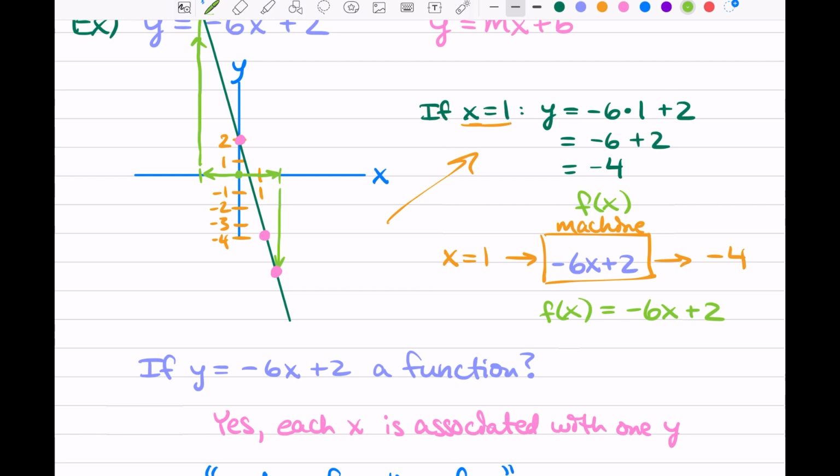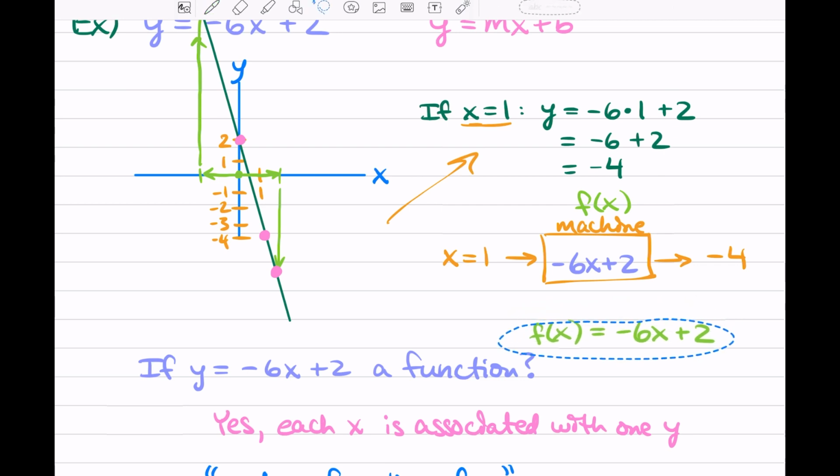And going back to our machine example, another way to think about it, as I mentioned, you input something into a machine and out pops that -4. Another way, and I think this might be a fun example, think about if you've gone to a pizza place where they make the pizza in front of you.